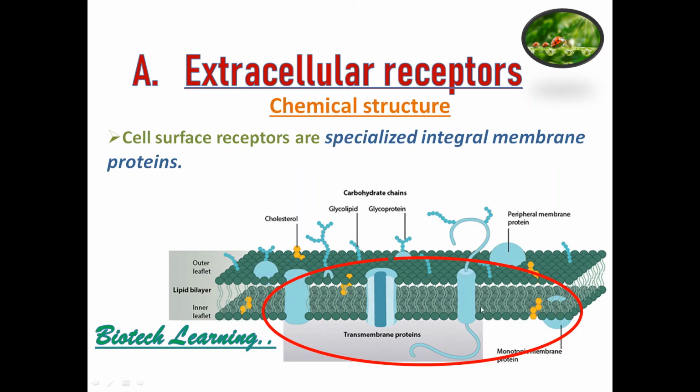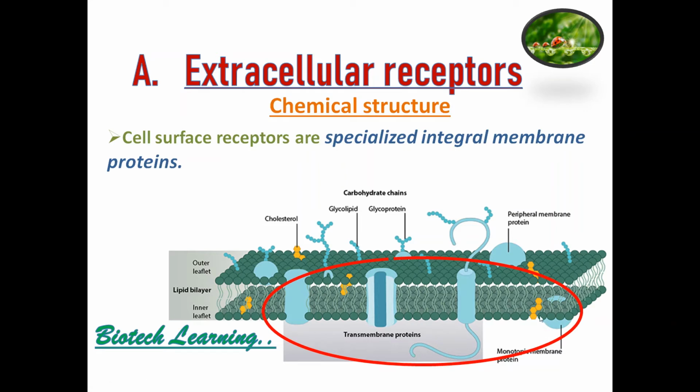So two basic types of integral membrane proteins are monotopic membrane proteins and this type, which are called polytopic membrane proteins. They are not called only bitopic because there are also some proteins which traverse the plasma membrane many times.